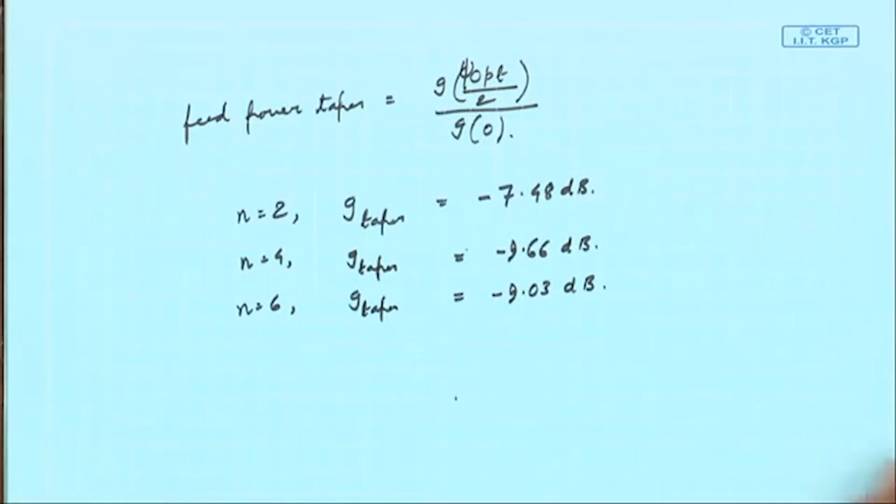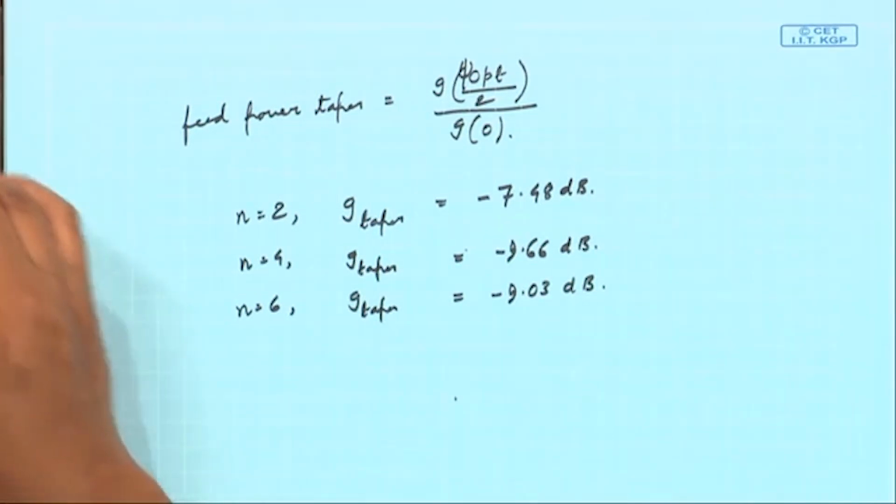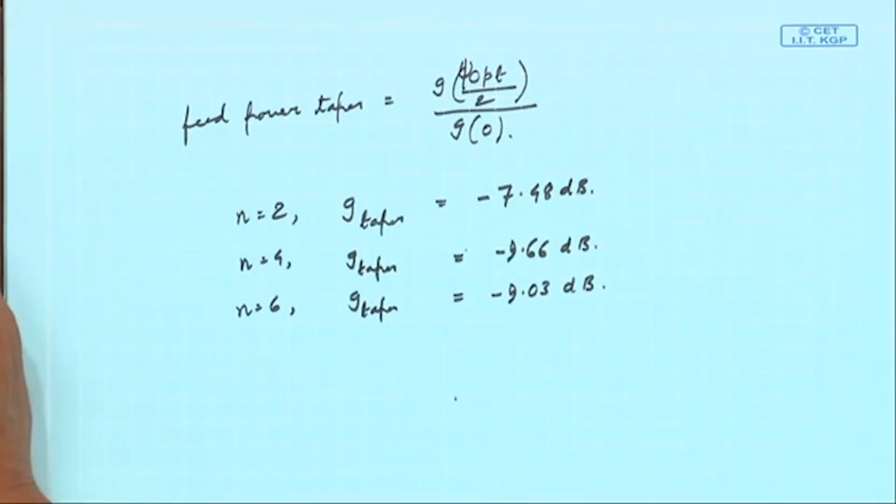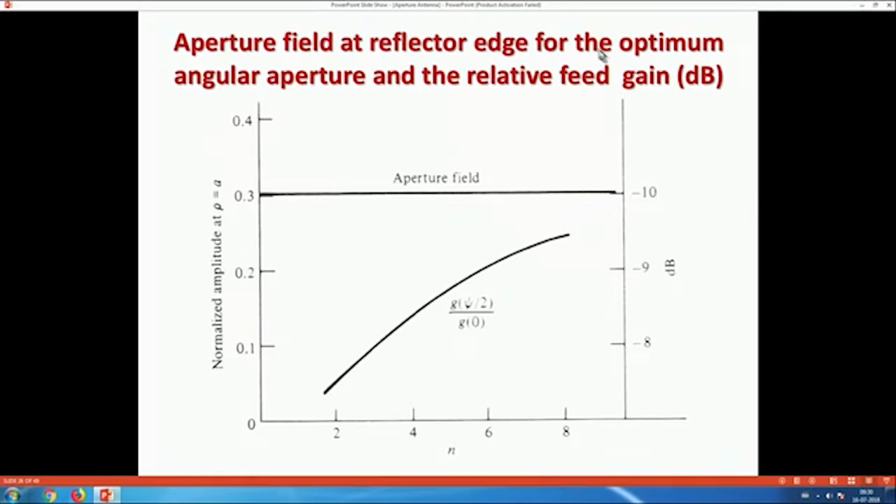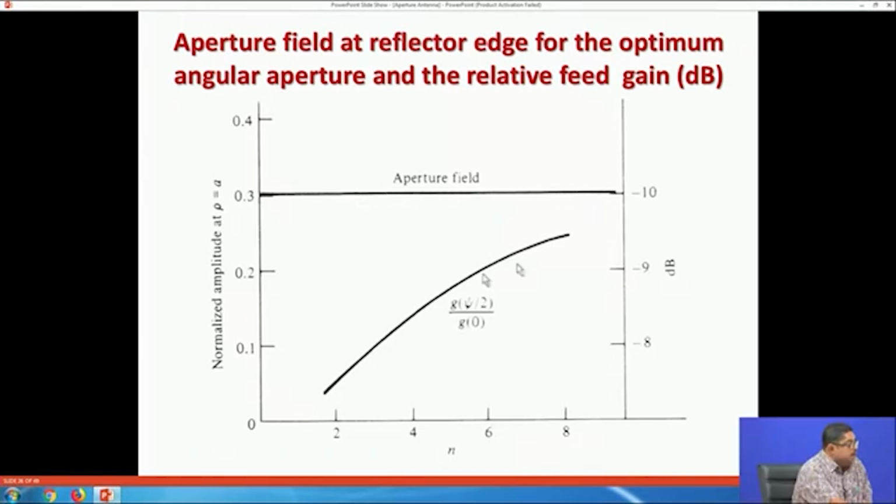Okay. So, that shows you the thing. From this people have found out that various graphs, whatever I have said, that aperture field in terms of actual values, if you give it in dB, then there will be difference, and this is the G taper, the aperture field taper for various choices of n.